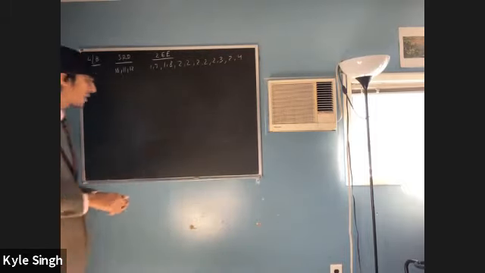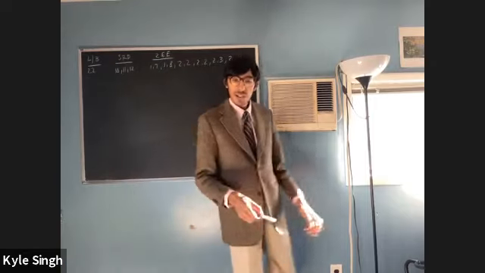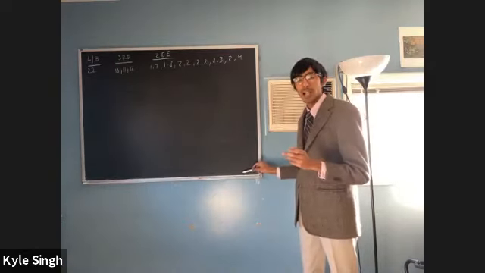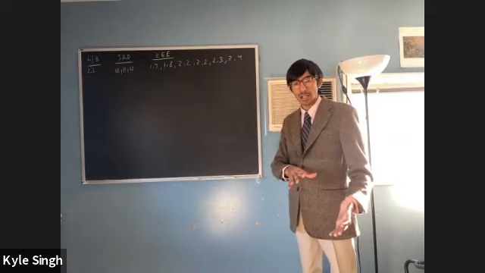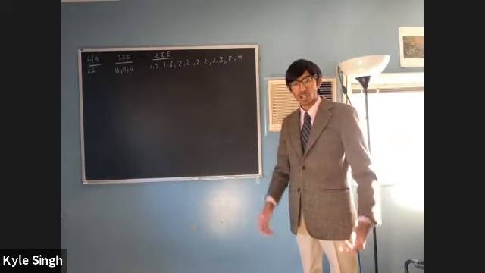My hunch is we're not going to get to the actual S matrix today. So I think next week we'll do the S matrix and we'll finish our discussion of interactions.